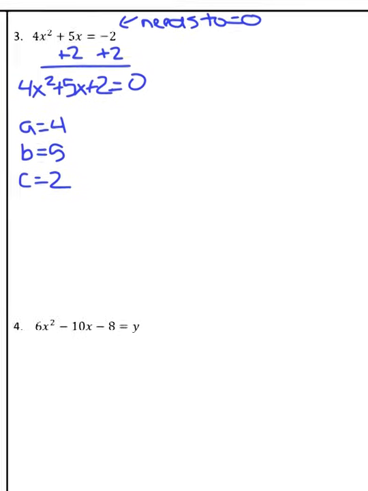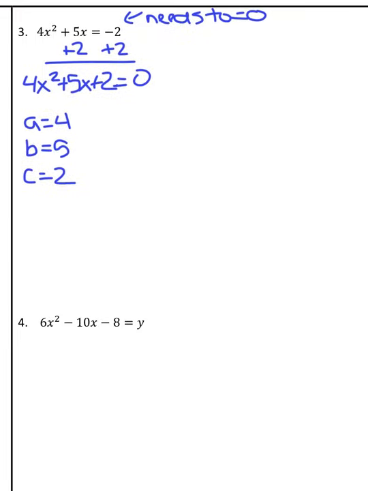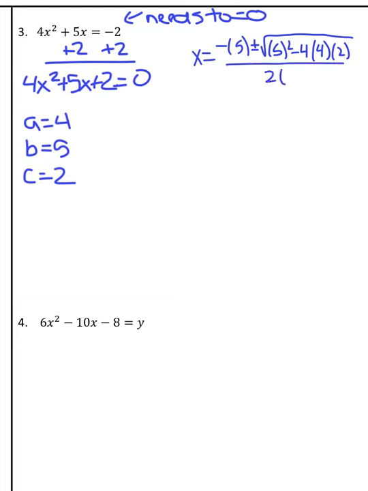Let's go back over to here so I can see my letters. So we have x equals negative 5, there's my b, plus or minus the square root of b squared, so that's 5 squared, minus 4 times a, which is 4, times c, which is 2, all divided by 2 times a, which is 4. So here we are plugging directly into the quadratic formula.